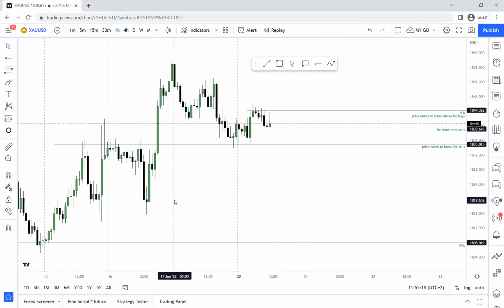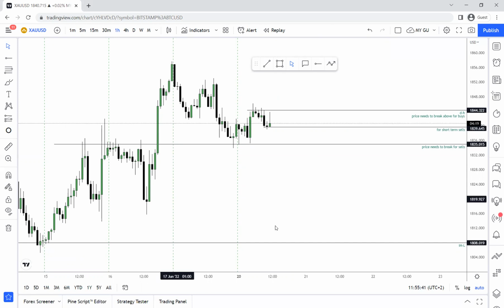You need to understand that some areas are being broken for long-term sells or long-term buys, and some areas get broken for short-term trades only. All right. You can't expect every area that price breaks to give you that much of a big trade. Sometimes price is only breaking to give you a short-term sell or a short-term buy, and sometimes price is breaking to give you a long-term sell or a long-term buy.